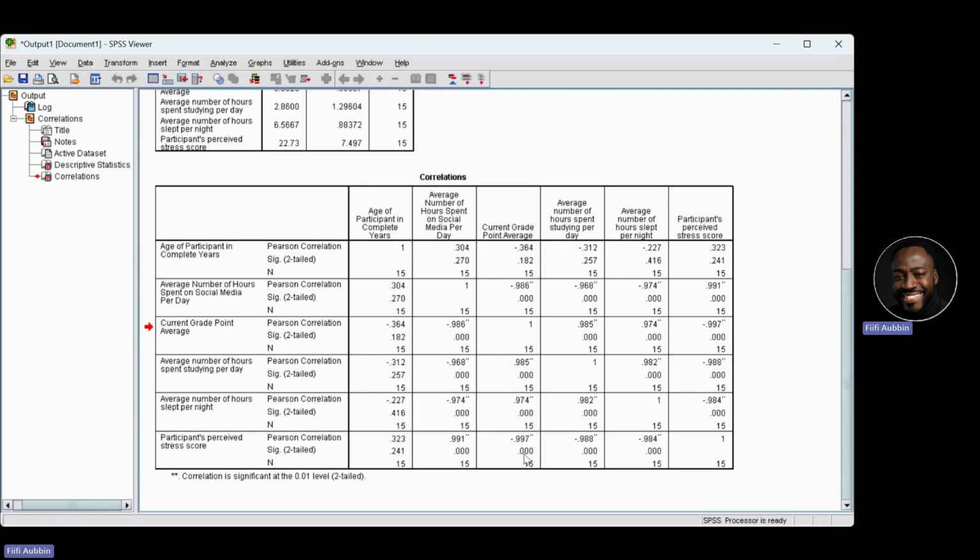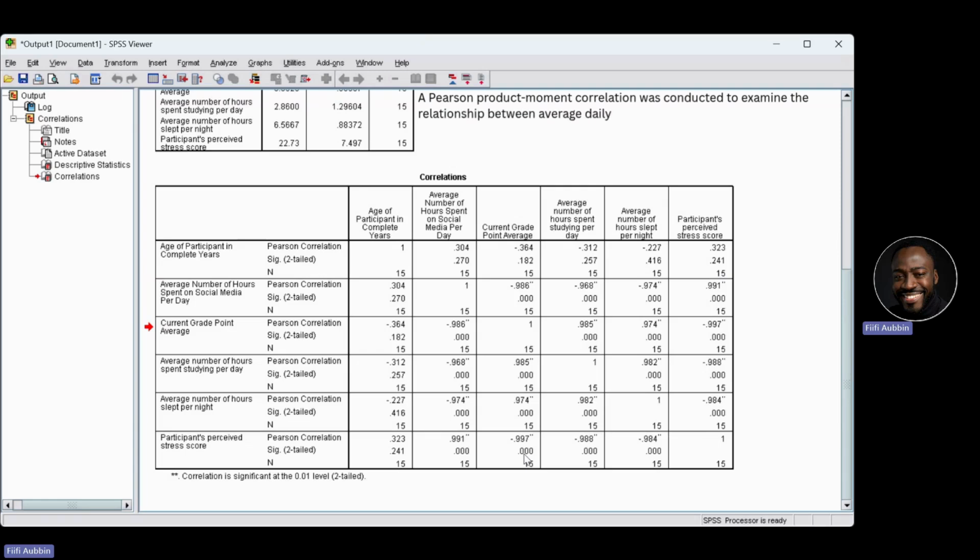And finally, let's see how these results will be reported in a research paper. So a suitable APA style statement would read, a Pearson product moment correlation was conducted to examine the relationship between average daily social media use and current grade point average.